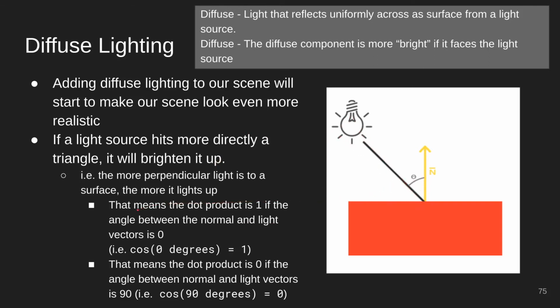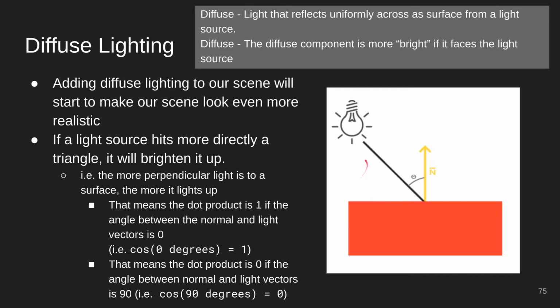So the dot product is 1 if the angle between the normal and the light vector is 0. If I move that light directly over here, we would have 1 here. That would be a very bright diffuse lighting here.